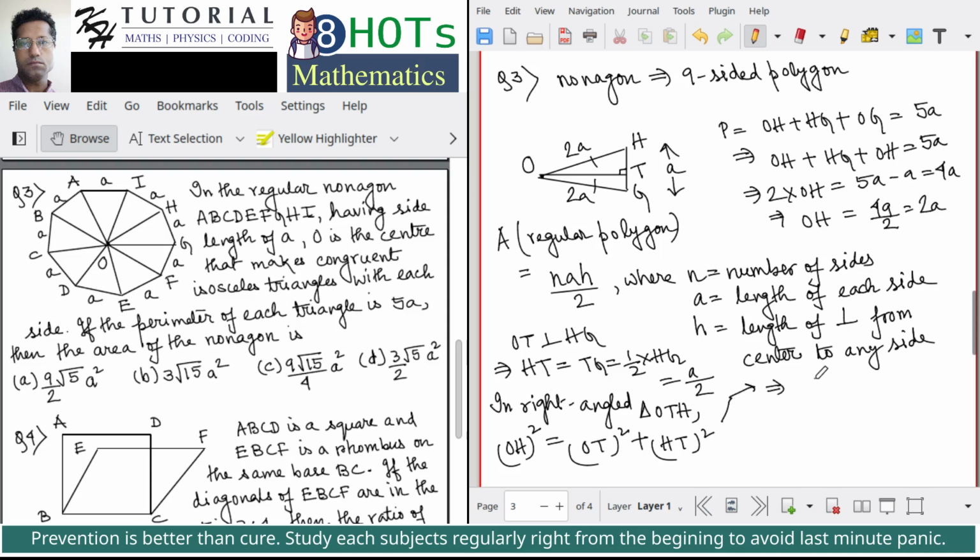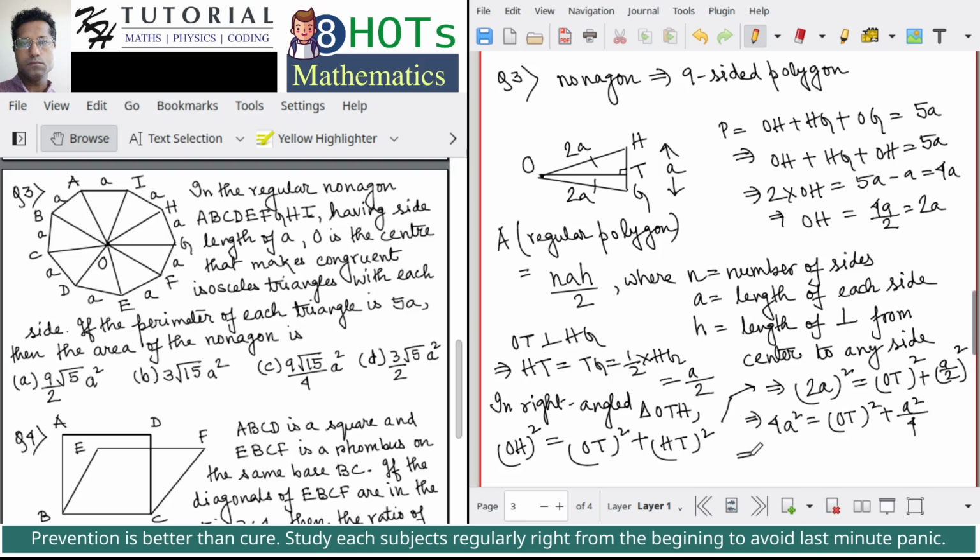What is OH? OH is twice A, the length of the equal sides of each of these isosceles triangles. So twice A square is equal to OT square plus A by 2 square. So this implies 4A square is equal to OT square plus A square by 4.